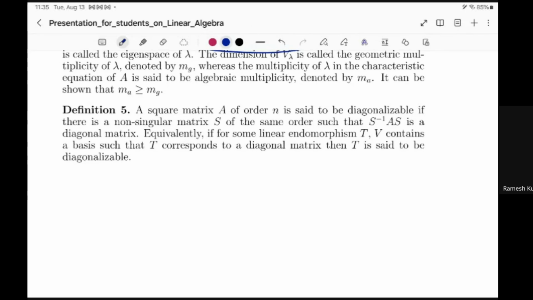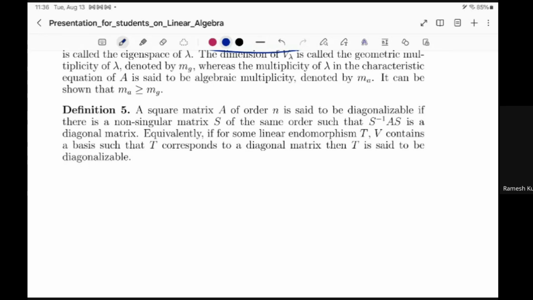Okay, so you know that it's diagonalizable, but how do you find this matrix S? So this matrix S is not mysterious at all. This matrix S is basically the set of all the vectors in the eigenspace. Okay, I will give you an example in a moment.